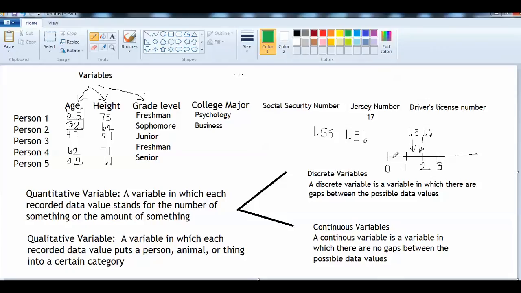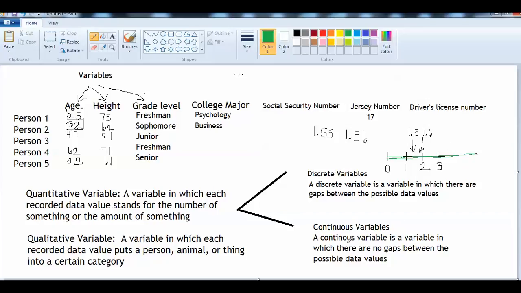So really, when you think about the exact age of a person, the exact age could be anywhere on this number line, meaning there are no red places. A person's exact age could be anywhere, so it's all green. It's all possible.